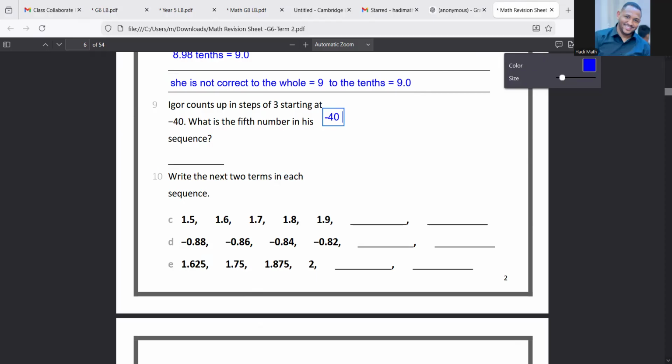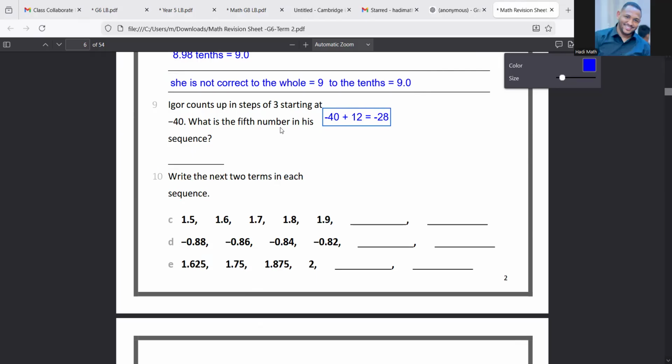-40 is the first number. To go to the fifth, you need to add 4 threes. Say plus 4 threes is 12. And that equals -28.